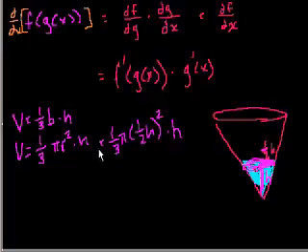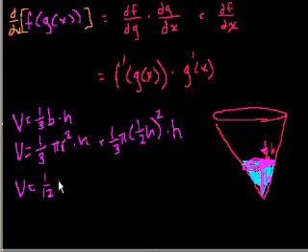This is just a little bit hairy solid geometry. If we simplify that, 1/2 squared is 1/4 times 1/3 is 1/12. So the volume is 1/12 pi h squared times h, which is h to the third.